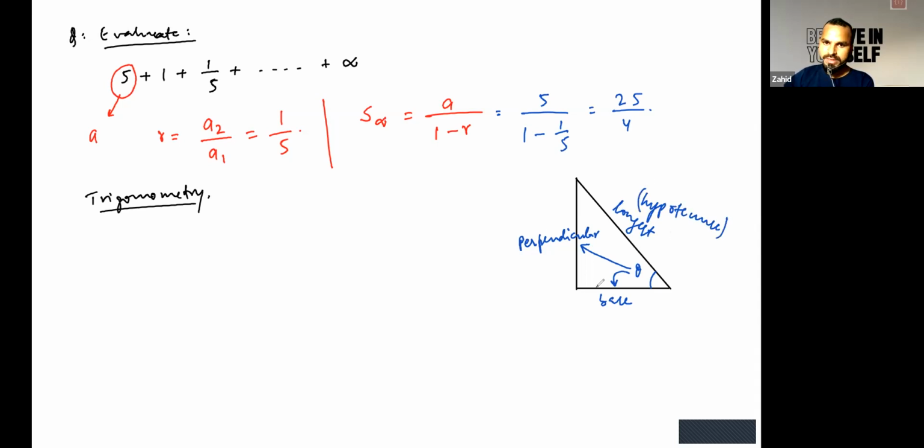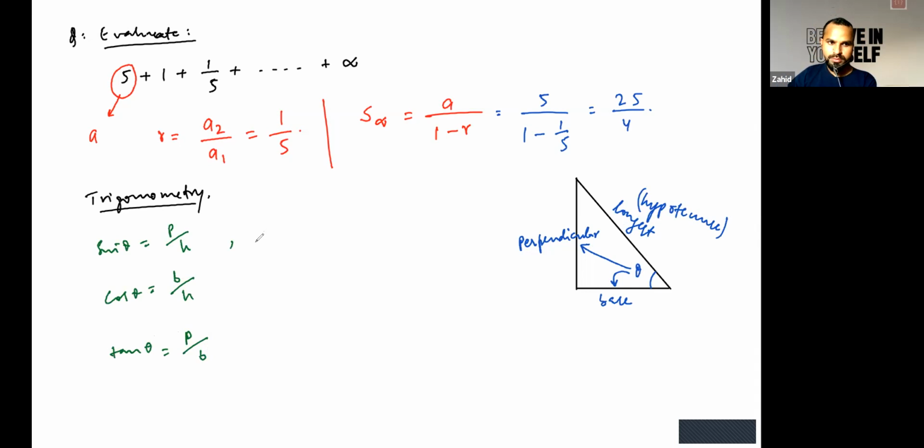On the basis of these sides and this theta, we have made 6 trigonometric ratios. First is sine theta, second is cos theta, and third is tan theta. Sine theta is perpendicular over hypotenuse, cos theta is base over hypotenuse, and tan theta is perpendicular over base.